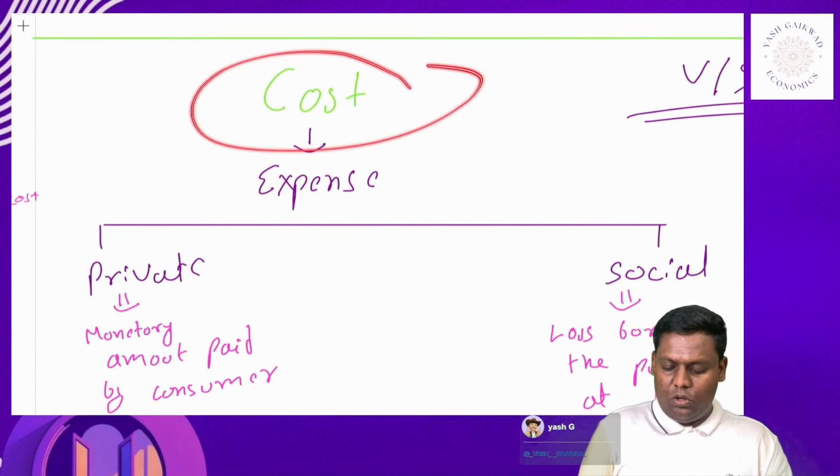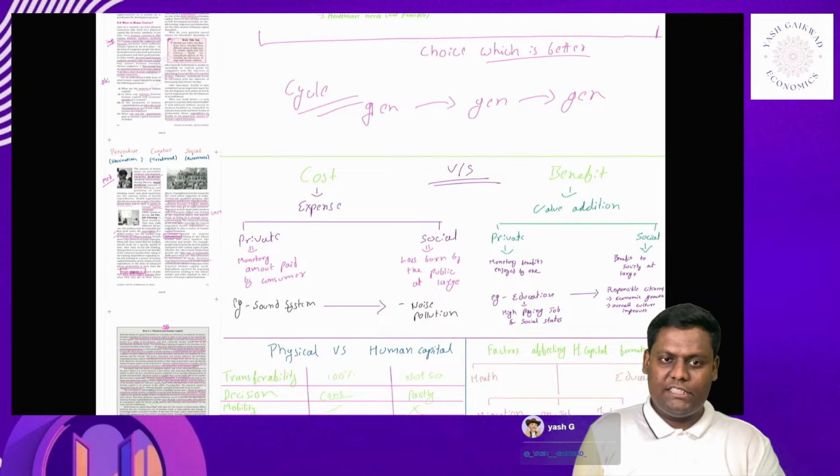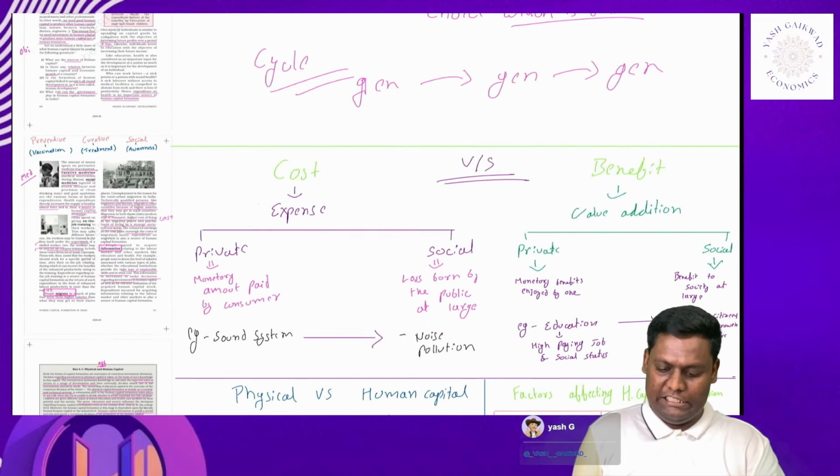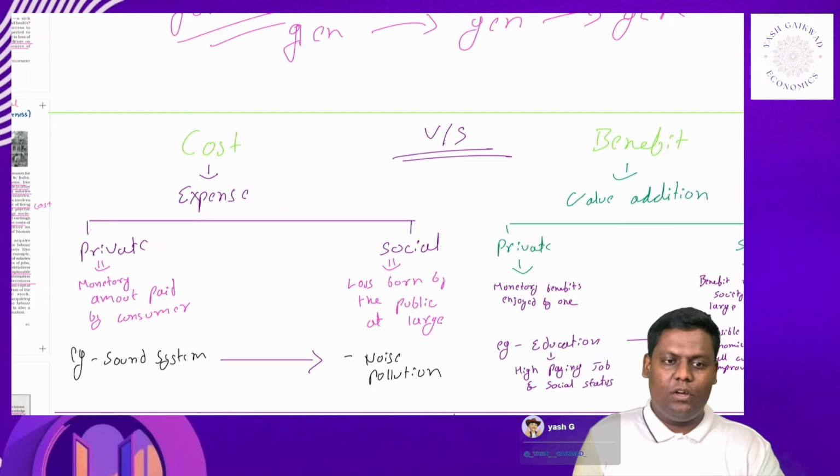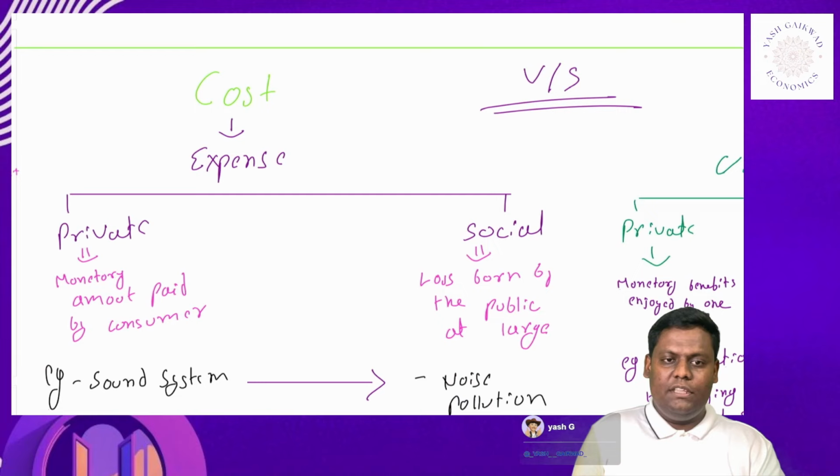Cost is the amount of expenditure that one pays for any good or service. Now, this expense can be divided in two parts. Number one is the private expense, that is the monetary amount that I as an individual will be paying.